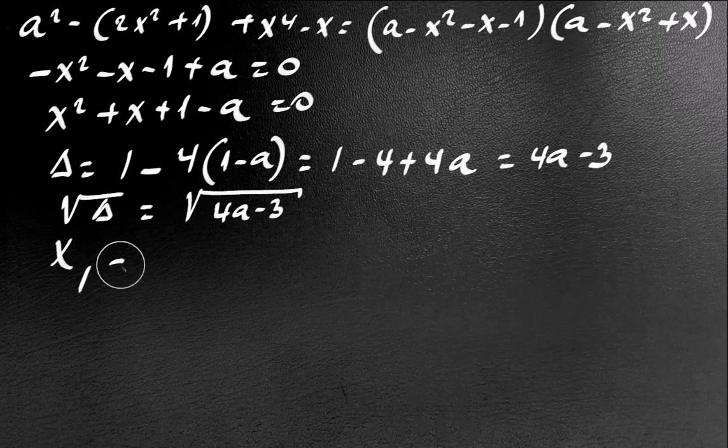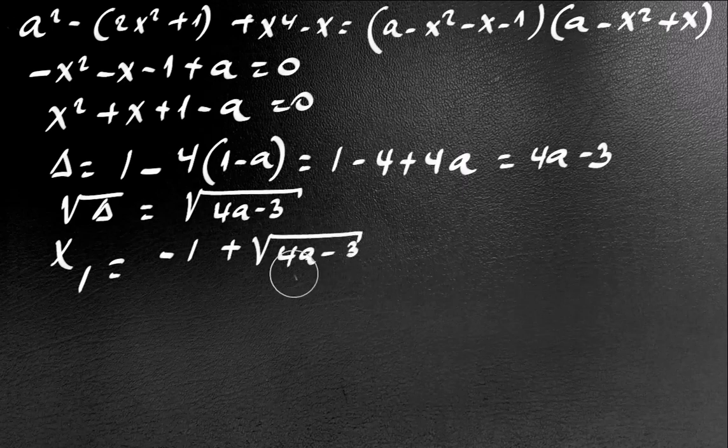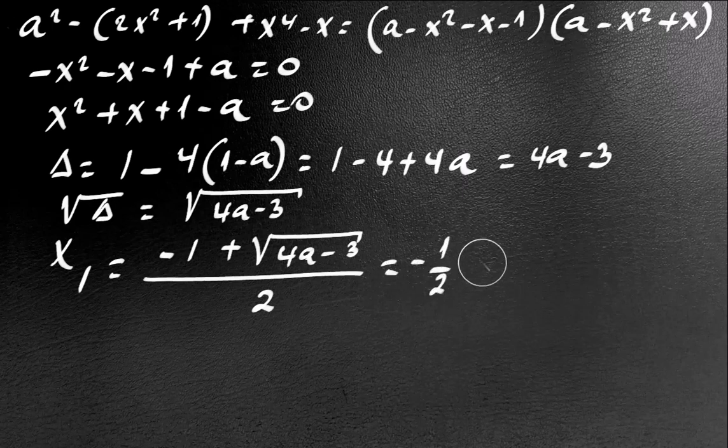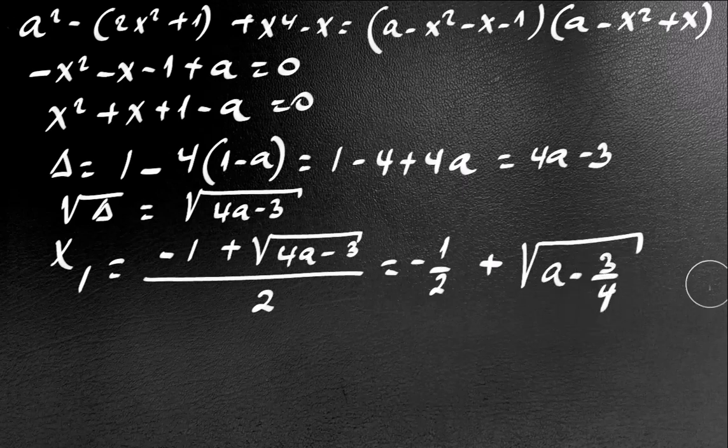That brings it down to the roots. The first root here, x1 is equal to minus 1 plus square root of delta, which is square root of 4a minus 3, over 2. So that makes it minus 1/2 plus square root of a minus 3/4. This time, let's say a is greater than 1. Let's make it as our goal here.